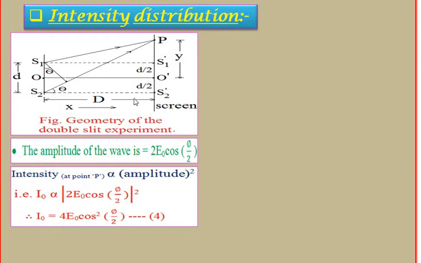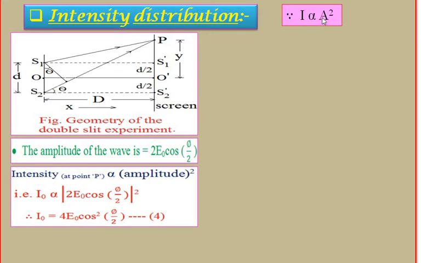If I0 is the intensity at point P, then I0 is directly proportional to (2 E0 cos phi by 2) whole square. Also, I0 is equal to 4 E0 square cos square (phi by 2). Suppose this is equation number 4. We obtained this relation because we have seen in the last lecture that intensity is directly proportional to the square of amplitude.